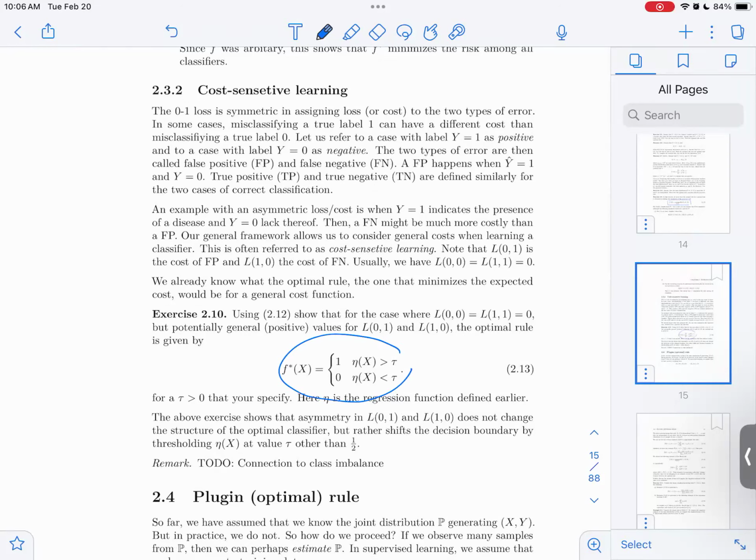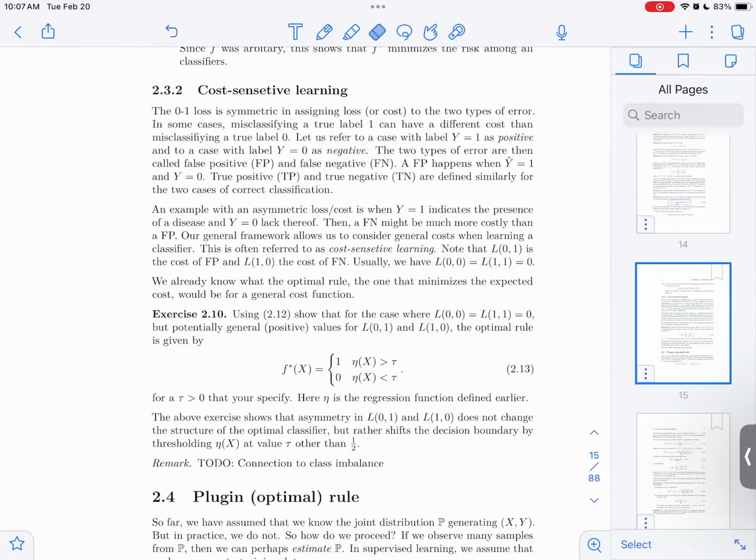It's like comparing the regression function to a threshold, but that threshold depends on the way you specify the loss. That gives you the optimal rule in this cost sensitive setting, sometimes called cost sensitive learning. Once you understand the general idea, this is just a special case.